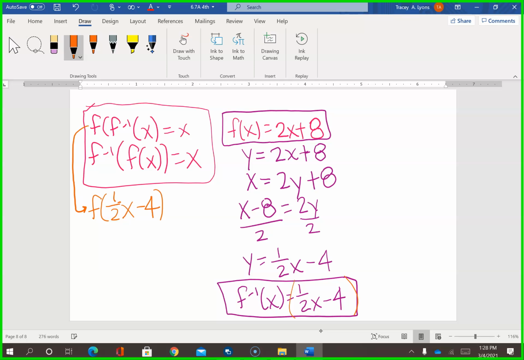Okay, so that means wherever there's an x, I'm going to put in a 1/2 x minus 4. Okay, so it looks like this. 2 times 1/2 x minus 4 plus 8. So I'm plugging it into this one. Simplifying a little bit.